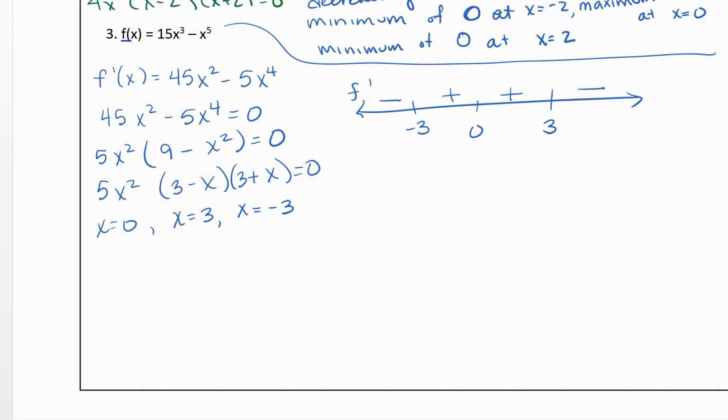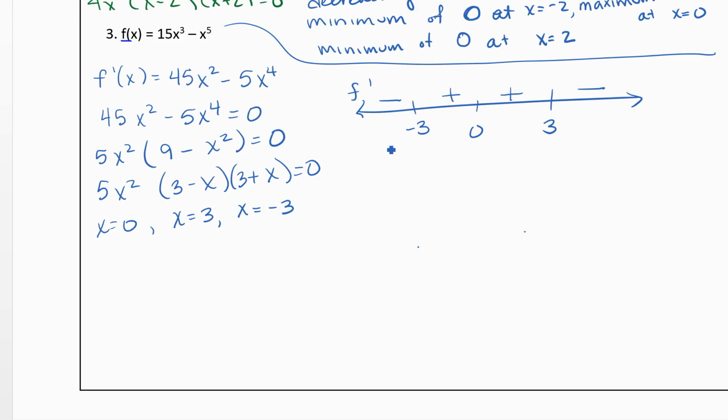So, at 0, our derivative is 0, so we're actually very quickly not increasing or decreasing, and we'll see what happens here later.